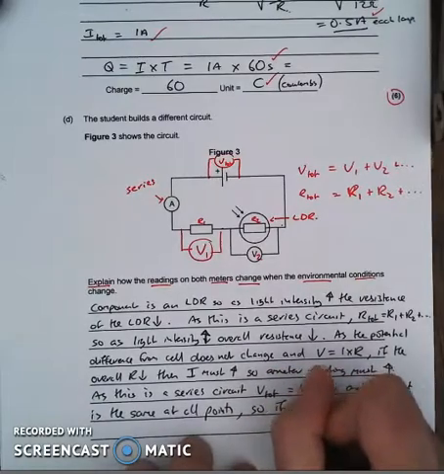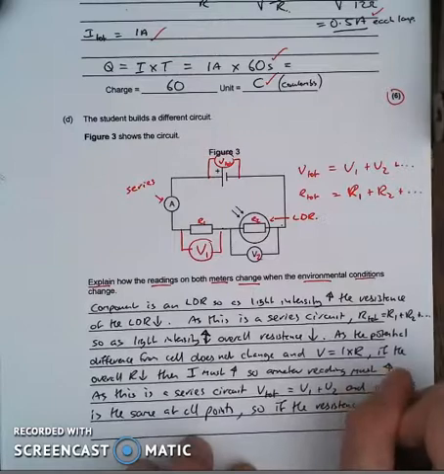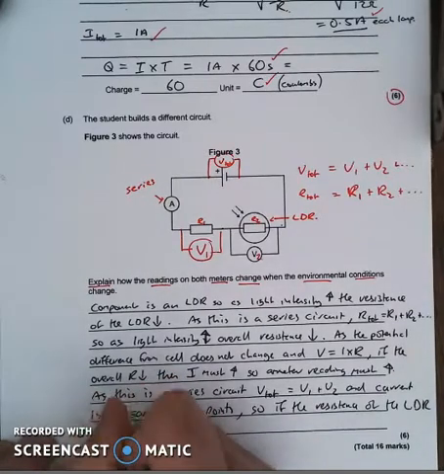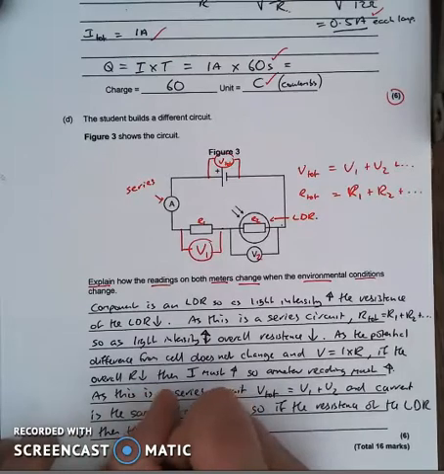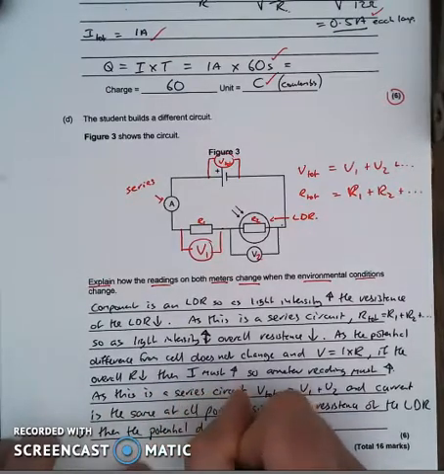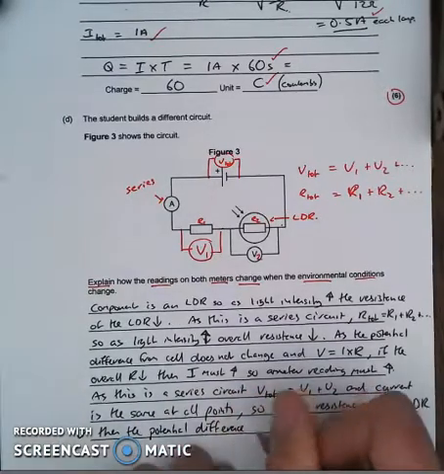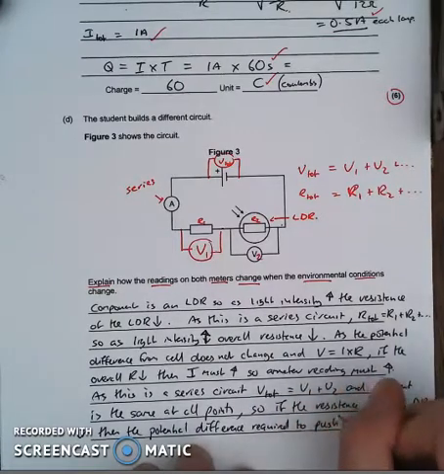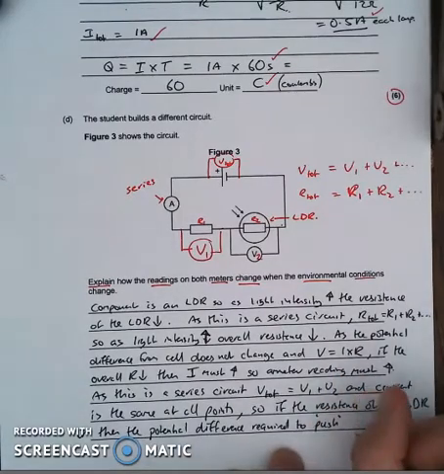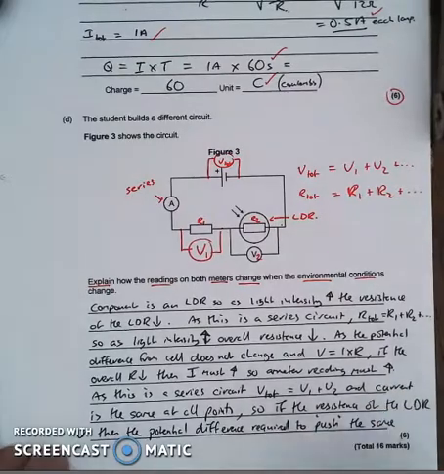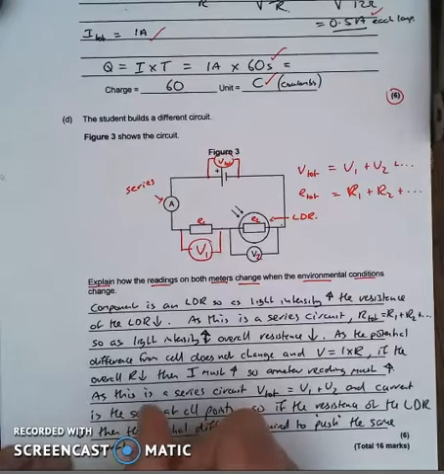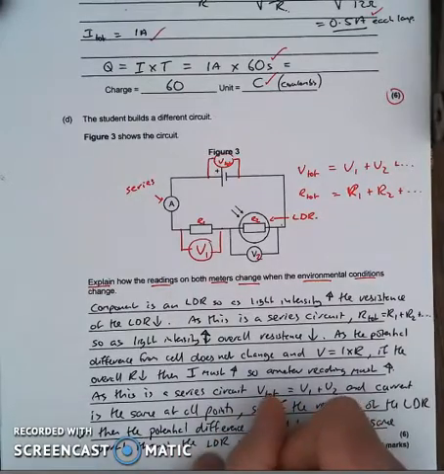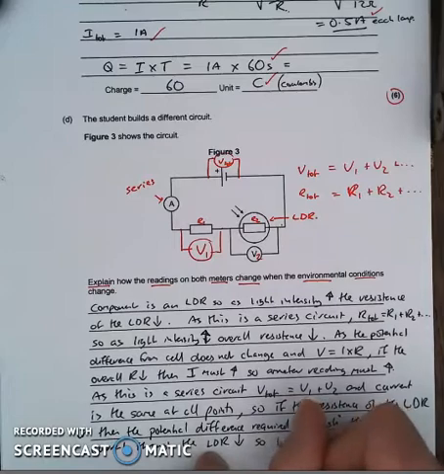So, if the resistance of the LDR goes down, then the potential difference required to, and I'm going to put push here in inverted commas just for the sake of brevity, to push the same current through the LDR.